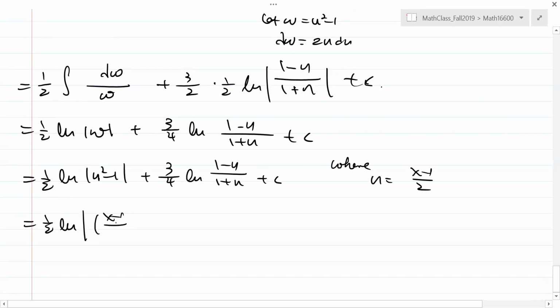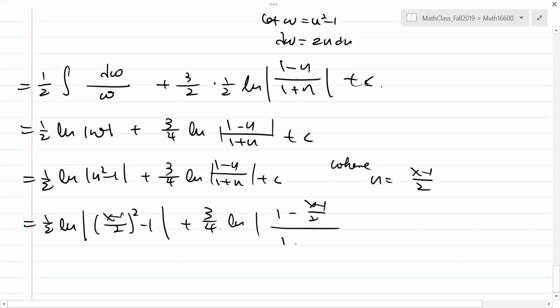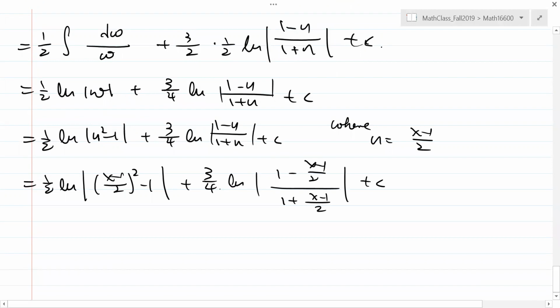This is going to be ((x minus 1) over 2) squared minus 1, plus 3/4 natural log. We have absolute value here. It's 1 minus 1 plus, and plus constant. You may simplify it. So x squared, if we simplify this part, you get x squared minus 2x plus 1 minus 4, which is actually minus 3, divided by 4.